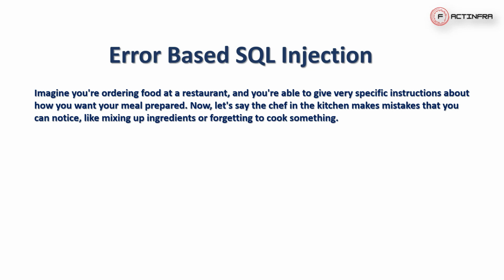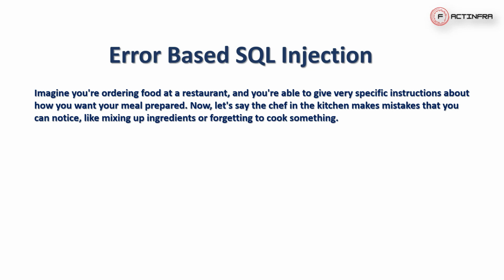Let's suppose there is one scenario. Imagine you are ordering food at a restaurant and you give very specific instructions about how you want your meal prepared, like you have to follow this, you have to follow this, and make my food like this.